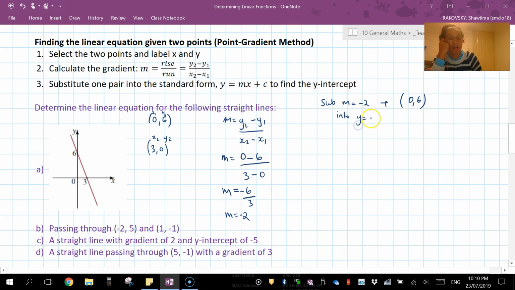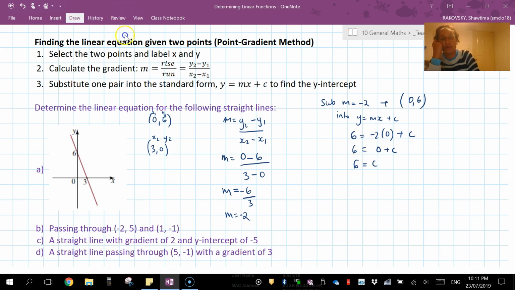So y becomes 6 equals m is -2, your x is 0, plus c. -2 times 0 is still 0, plus c, and 6 minus 0 is itself, so c equals 6. Not that you need to really, minus 0.